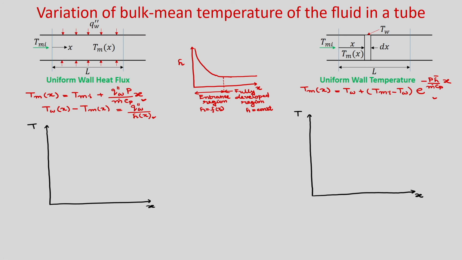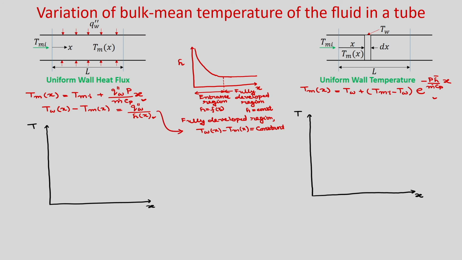So, in fully developed region T w minus T m for uniform wall heat flux boundary condition will become constant.